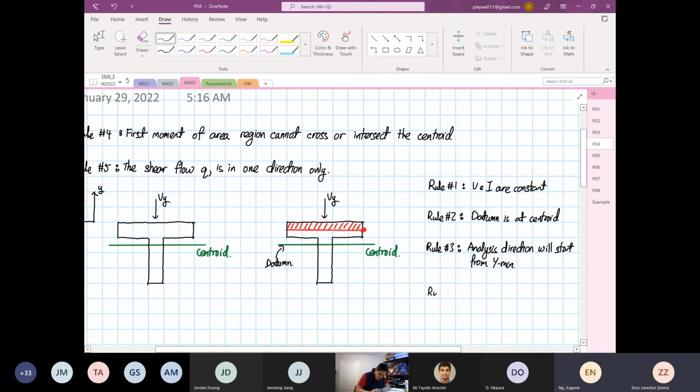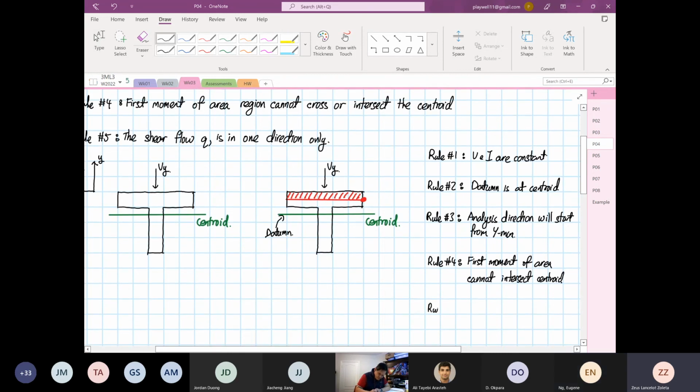Rule number 4, the first moment of area cannot intersect the centroid. And rule number 5, Q is in one direction.